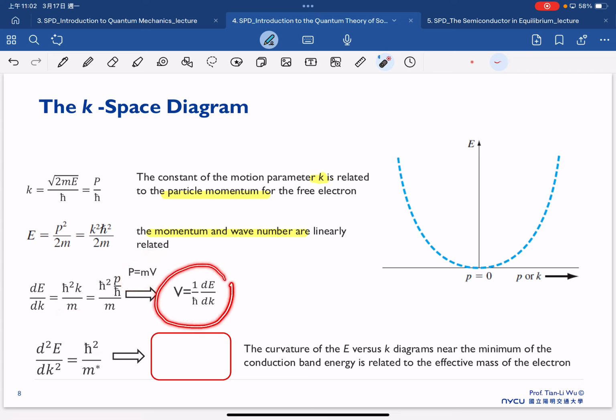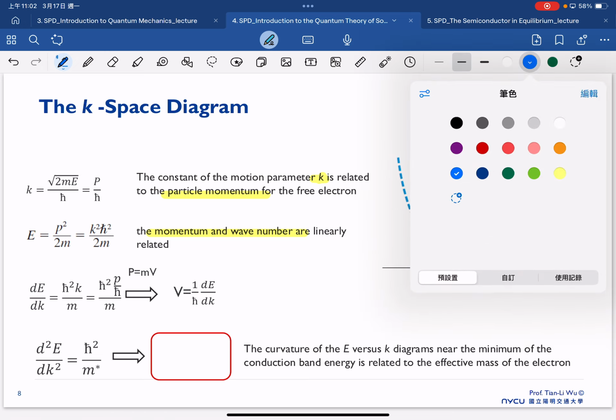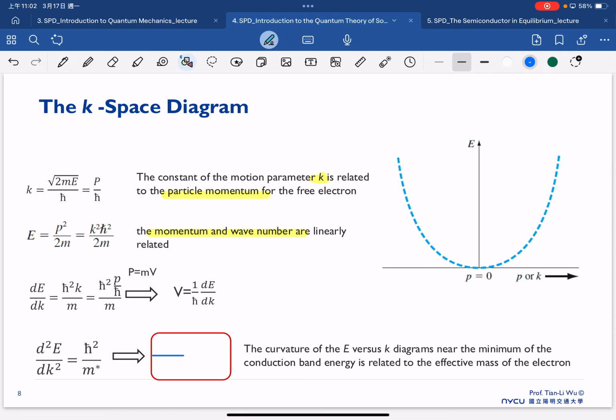If we take the second derivative again, then we have this equation, which we reform as 1 over m star is equal to 1 over h bar squared times the second derivative d2E over dk squared.